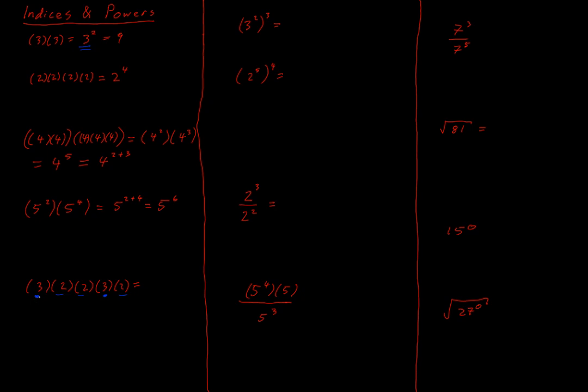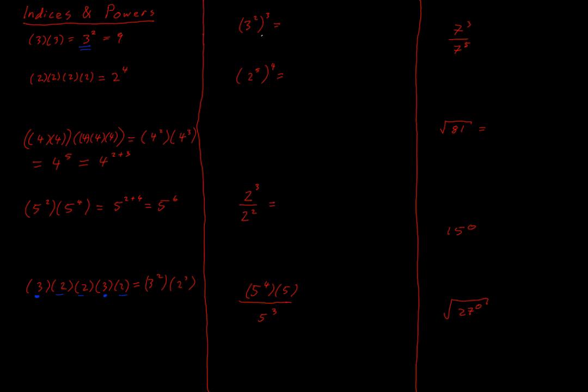So I have how many 3s multiplied together? I have 2 3s multiplied together, so that would be 3 to the power of 2 multiplied by 2 to the power of, 1, 2, 3. So I have 3 2s multiplied together, so it's going to be 2 to the power of 3. And I can multiply this out completely, but this is our main concern for today, that we can go from lists like this into powers.